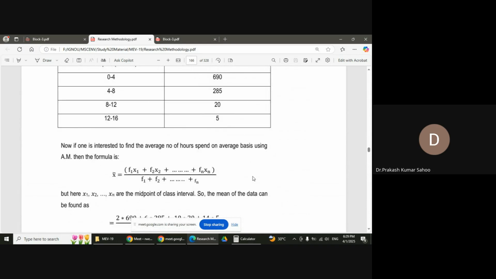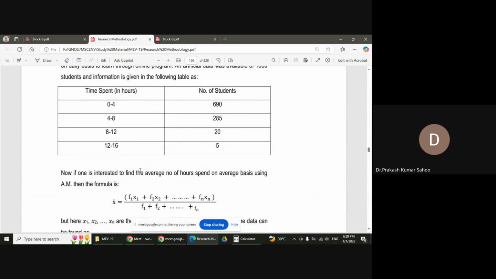So how to calculate the mean? It is frequency into the first data plus frequency into the second data, and so on, divided by total frequency. That will be the mean.